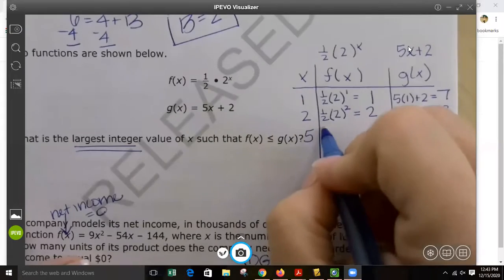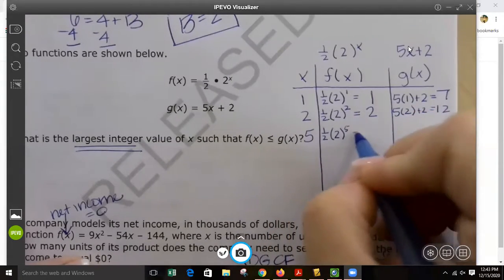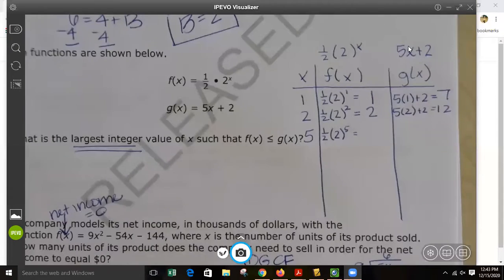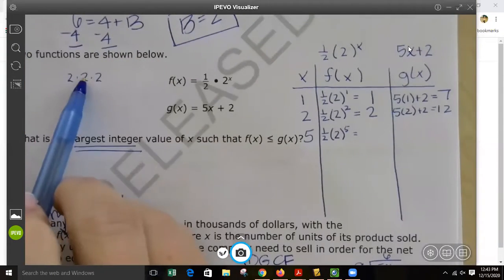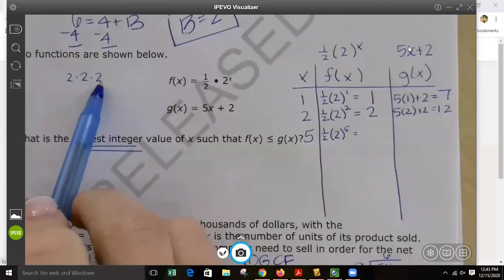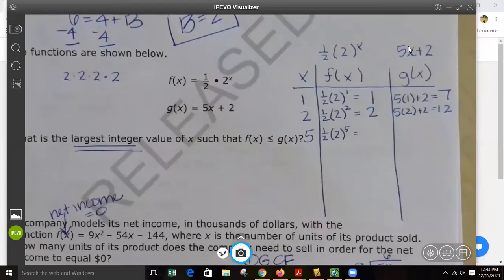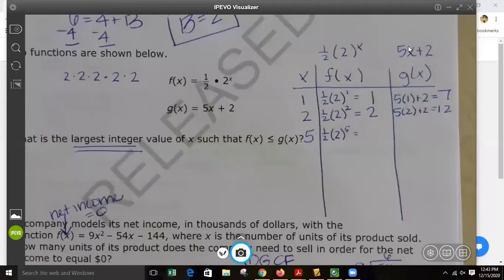I'm going to do 1/2 times 2 to the 5th. All right, if you have to, remember you have scrap paper. 2 times 2 is 4, times 2 is 8. That's 3 2s. 8 times 2 is 16. That's 4 2s. 16 times 2 is 32.